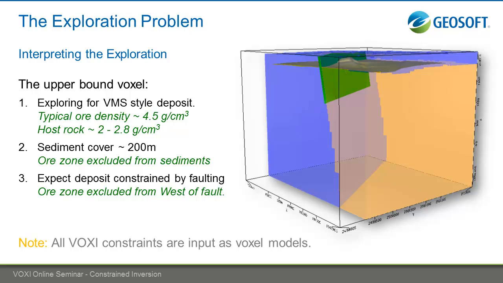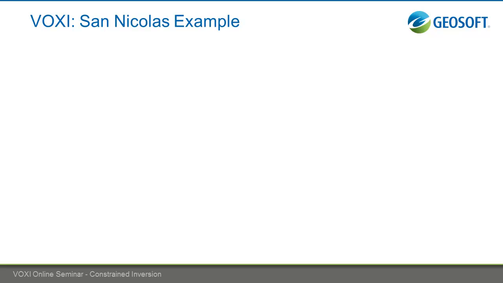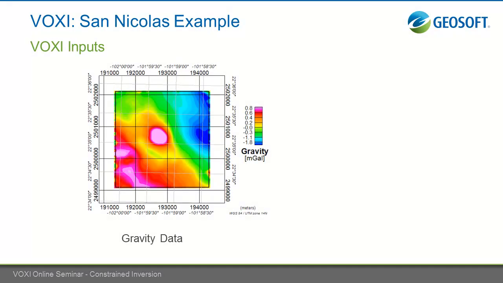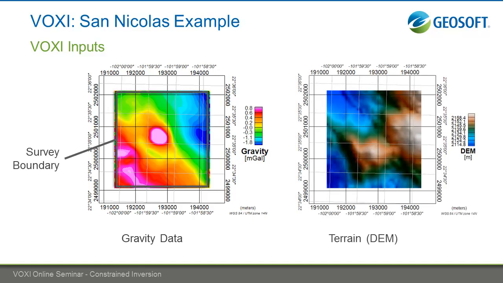Okay, before I do that, I of course will show you the inputs to VOXI in this case. Again, we always have our survey boundary shown as this black polygon drawn on the gravity data itself. This property here is about 3 kilometers by 3 kilometers. I've also got the DEM in that area.